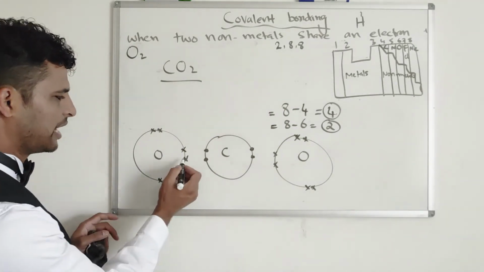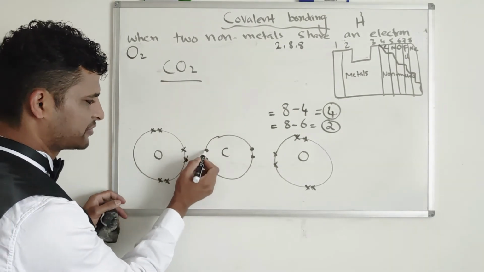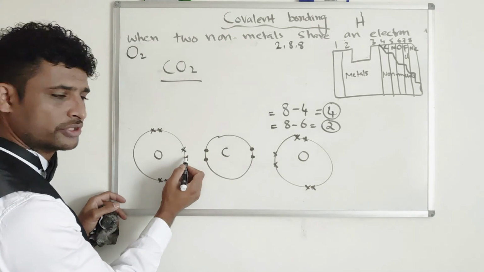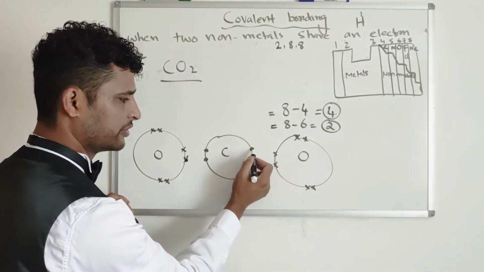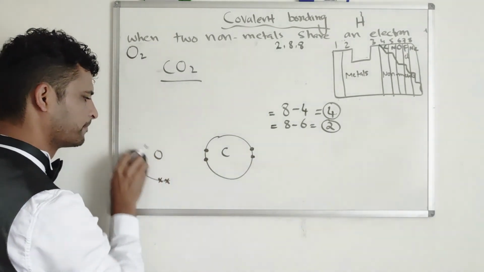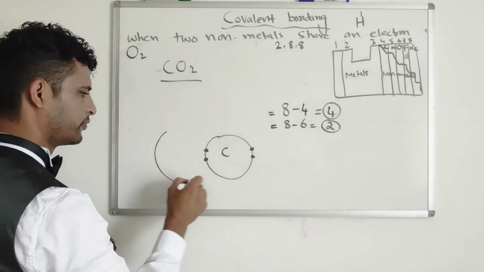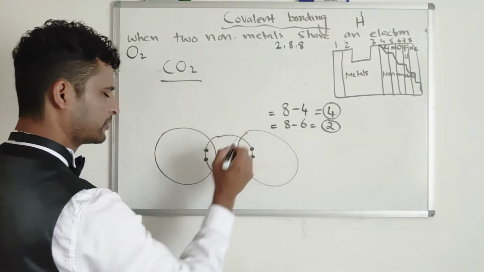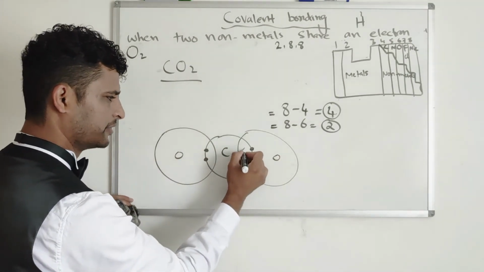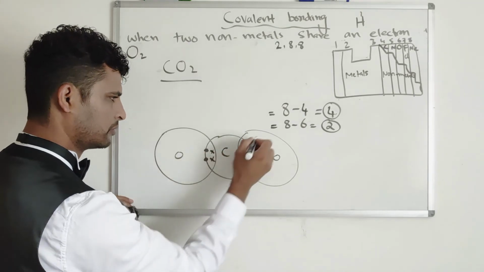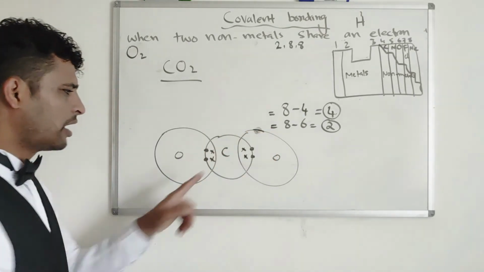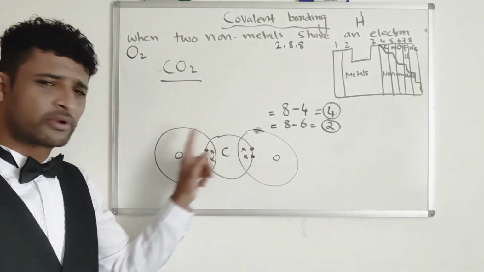So what's going to happen now is carbon will share 2 of its electrons with the oxygen on this side, and it will share 2 electrons on this side. So I'm just going to remove this and I'll draw a shared circle, and this is oxygen, and you write down carbon has 4 electrons.